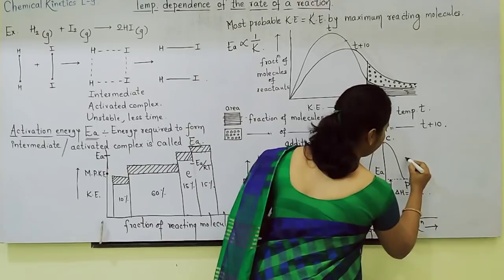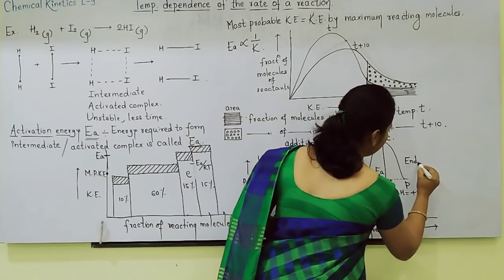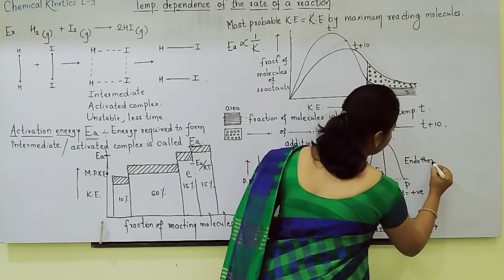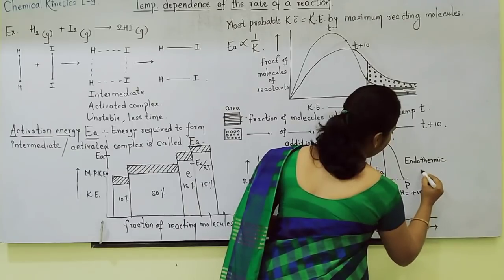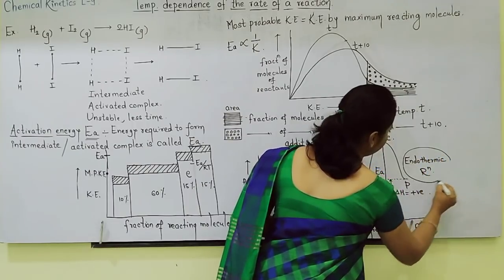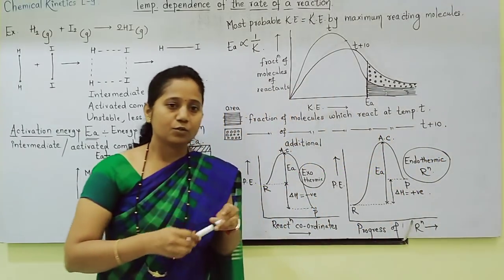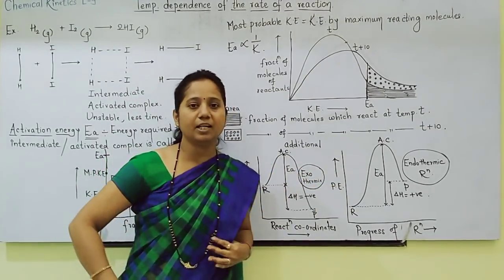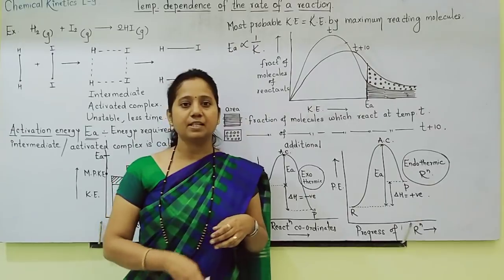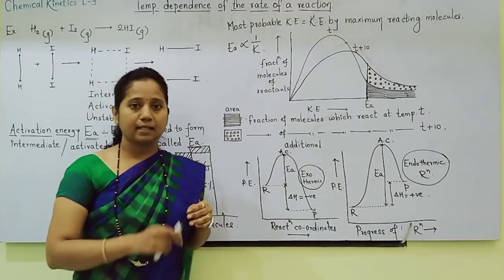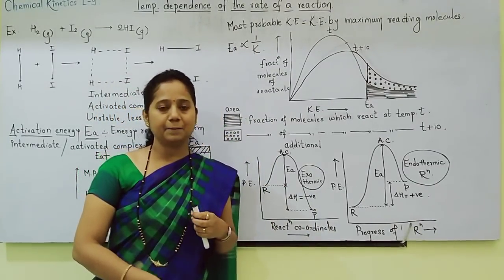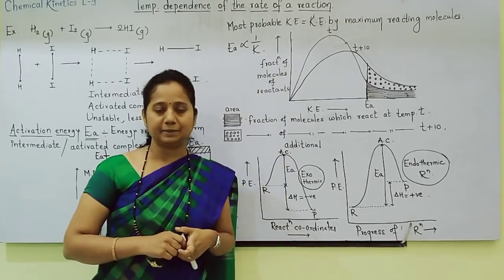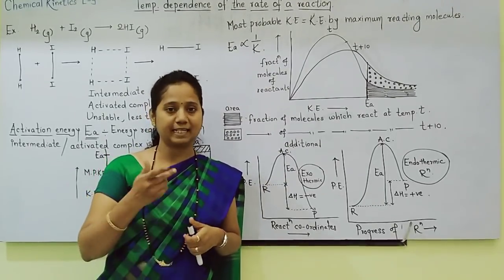So this is the graph for endothermic reactions. Okay. So for exothermic, endothermic, how to calculate activation energy is shown in these two graphs. See all the things properly and do study it in detail. Okay. See you in next video.